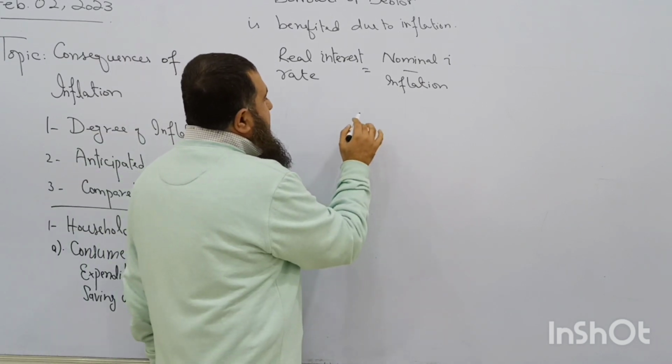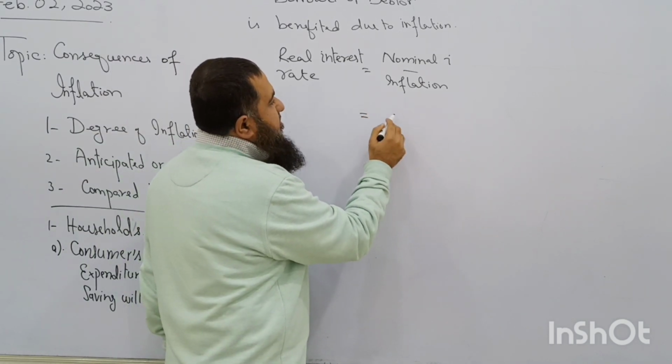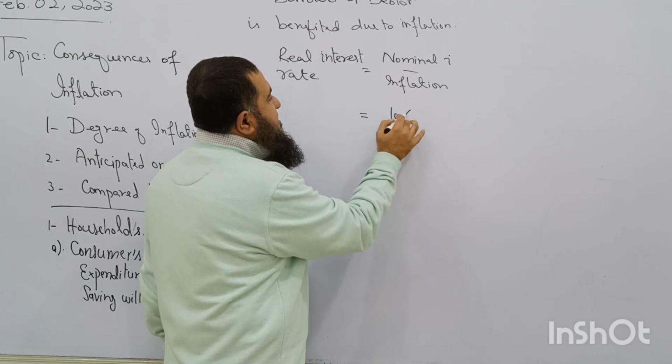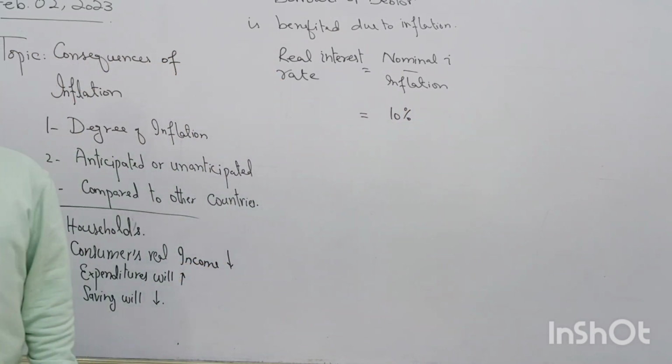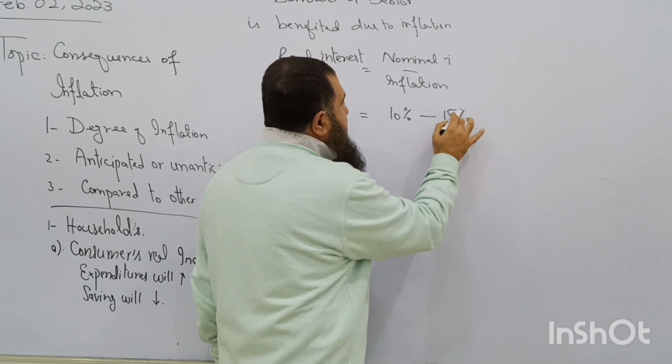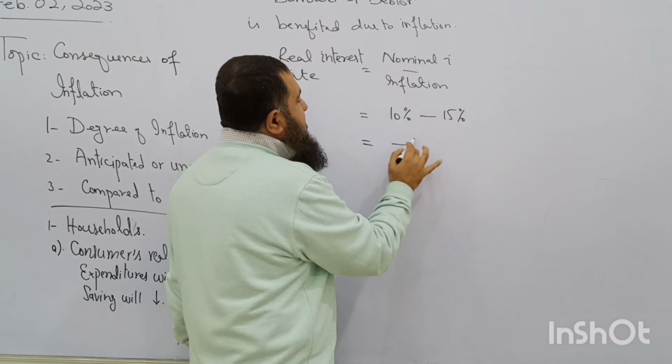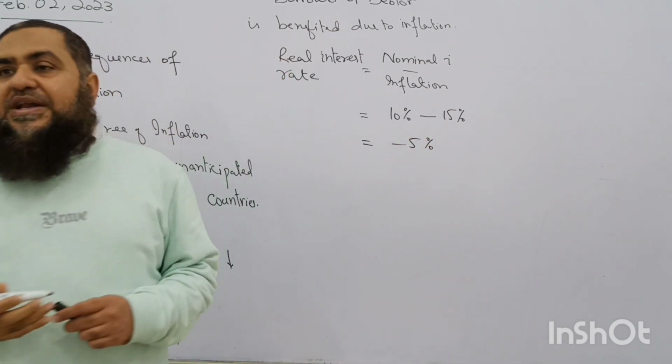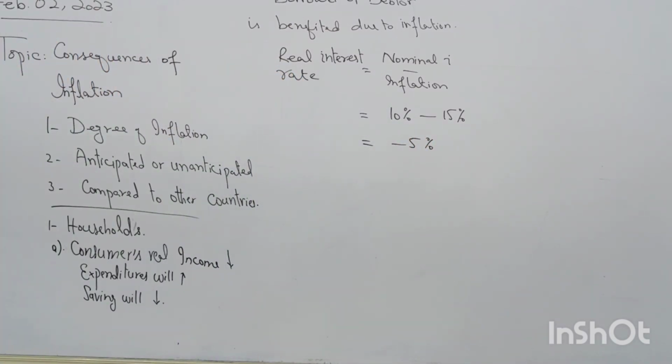For example, if the borrower borrowed money when the interest rate was decided at 10%, but the inflation rate is now 15%, what is the real rate of interest? That is minus 5. So in real terms, he is paying back 5% less than he has to, because of the increase in inflation. The inflation rate is higher than the nominal interest rate. Clear? So the borrower or debtor is benefited due to inflation.